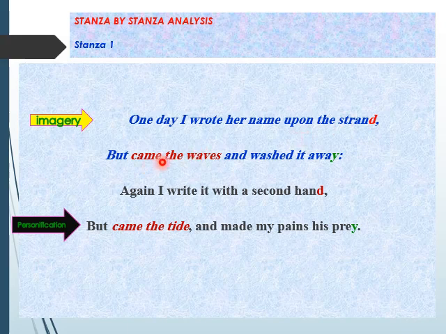But came the waves and washed it away. Again, I write it with the second hand. But came the tide and made my pains his prey. And also wiped it out, and I felt sad for this.